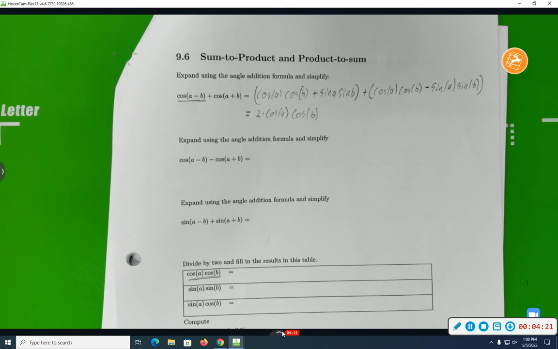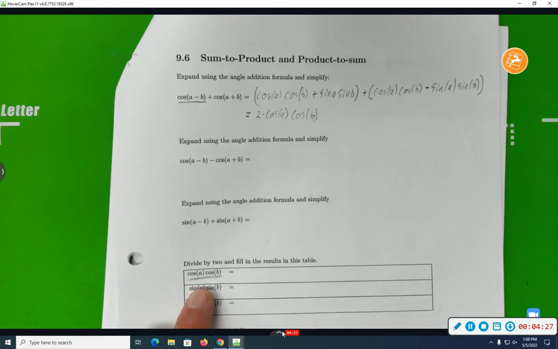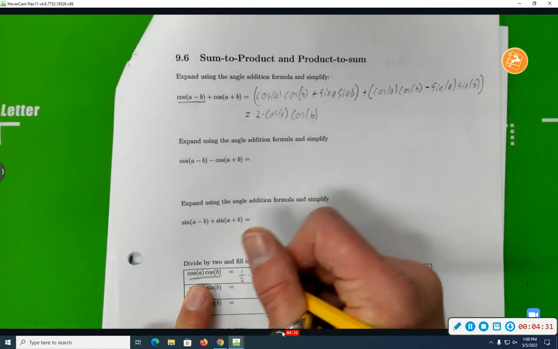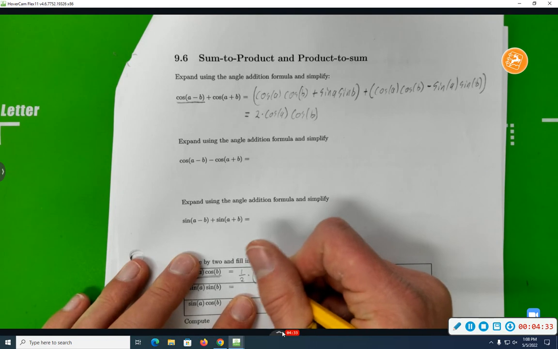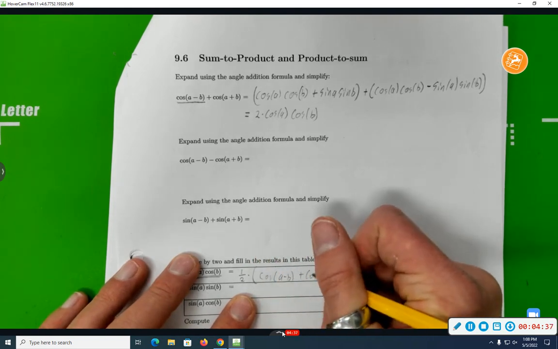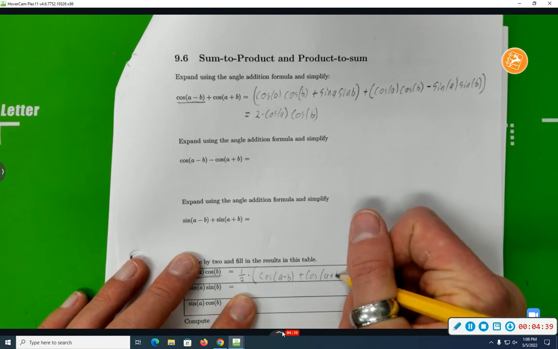Yeah, divide by 2. Nothing fancy here. So let's divide both sides of that by 2. That'll go in this box. So apparently cosine a times cosine of b is exactly the same thing as 1/2 multiplied by cosine of a minus b plus the cosine of a plus b.